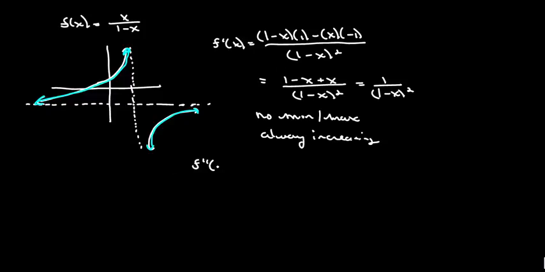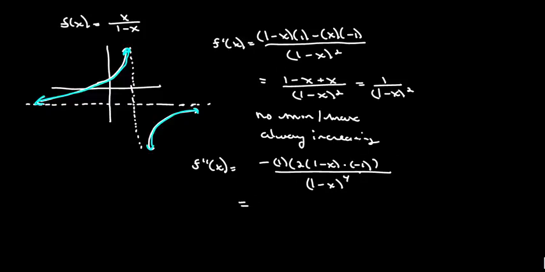We can take a look at f double prime of x, okay, which is the derivative of this guy. So it's low times the derivative of the top, which is 0, minus the top times the derivative of the bottom, which is 2 times 1 minus x times -1. Okay, like that, over 1 minus x to the 4th.